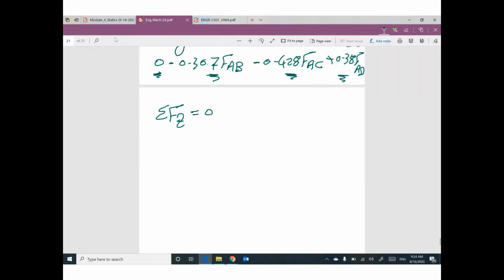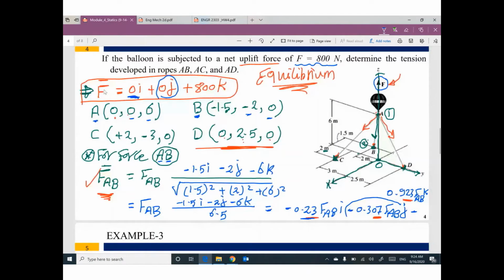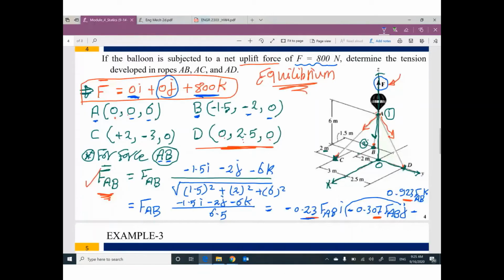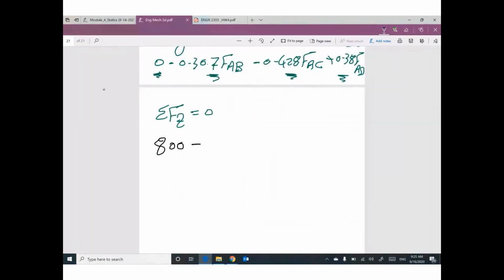We have here in Z direction positive 800. In Z direction we have negative 0.923 FAB.